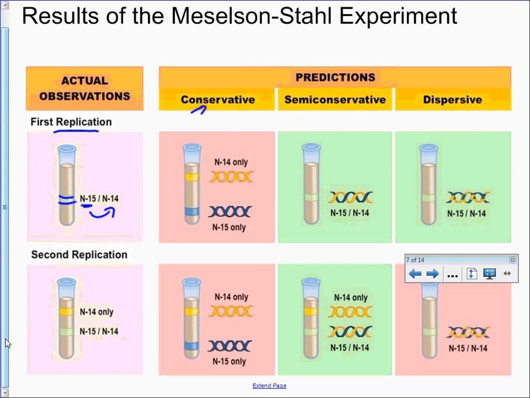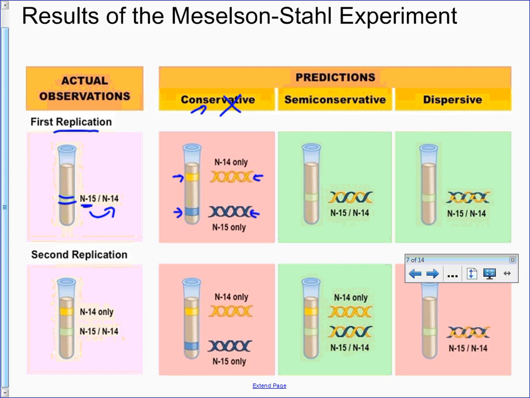If replication of DNA was through a conservative mechanism, we would have expected all of the nitrogen-15 DNA to be found together and all of the nitrogen-14 DNA to be found together. Remember, as the DNA is made, the new DNA stays together, the old DNA stays together, so they're separate. And then when that DNA would be centrifuged, we would expect to see 2 bands. But because we did not see 2 bands, it ruled out conservative replication.